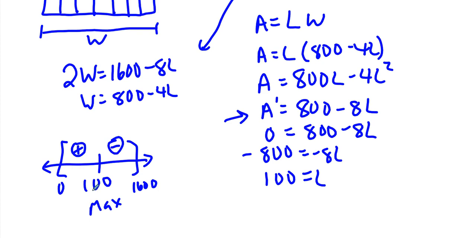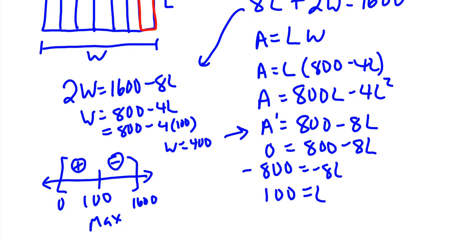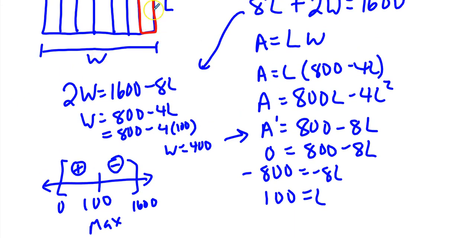So now we can go ahead and plug L into our equation here. So we'll get 800 minus 4 times 100, so we'll get W equal to 400. Let's go ahead and read this because it is worded a little bit differently with these adjacent pens. What should the dimensions of each pen be? This is one pen right here. We have the length of it right here, but we need just this individual portion.